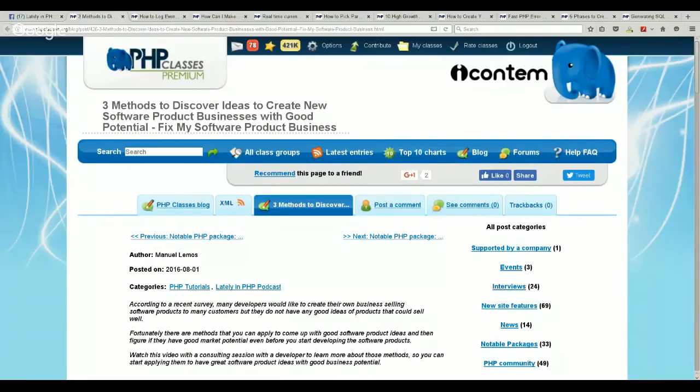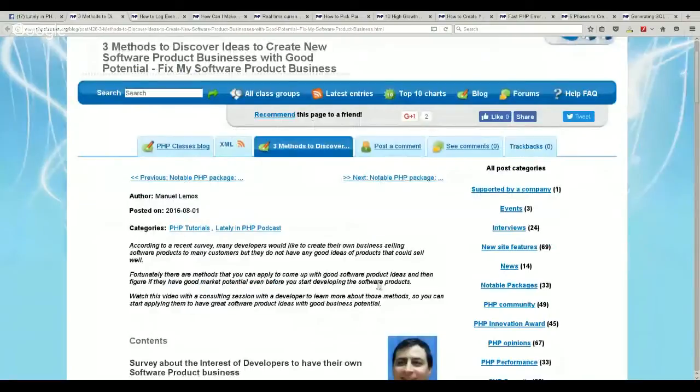So anyway, talking about the articles of this month, we have, as usual, several articles that are not exactly about programming, but they are about topics related with people that want to start their own software product business.